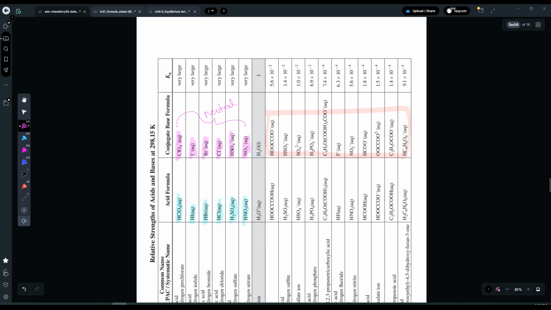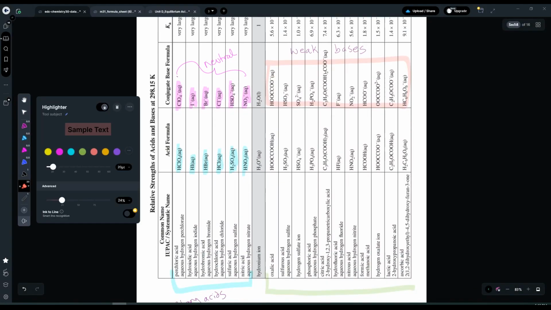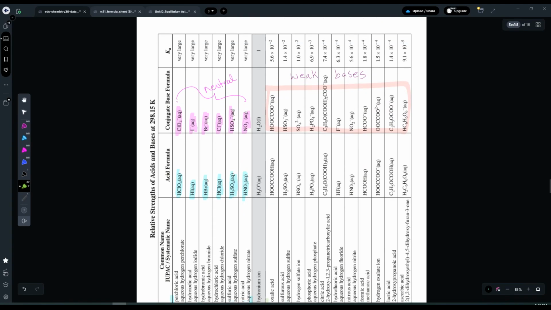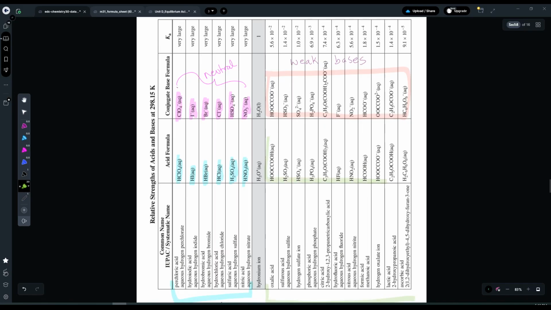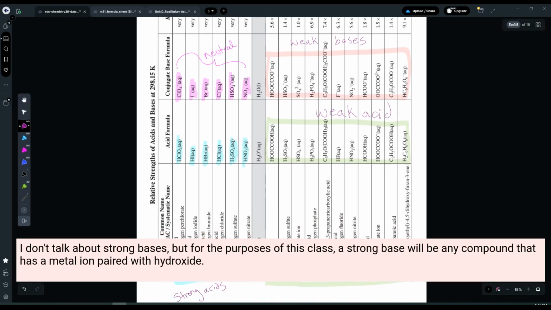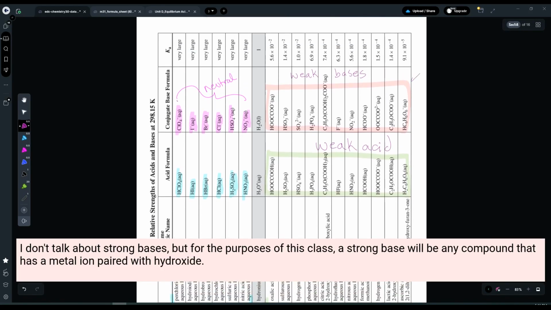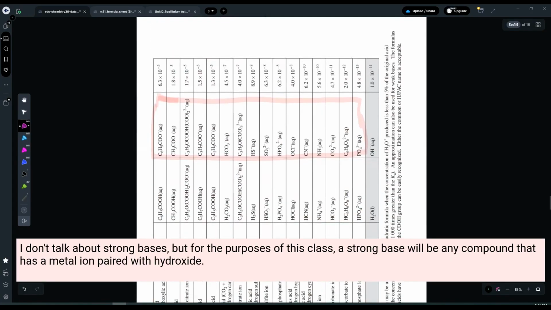So we'll label that. These are weak bases. And then I'll go back to highlighting in green. So everything that I'm highlighting in green is a weak acid. Anything that I highlighted in this sort of orange color is a weak base.